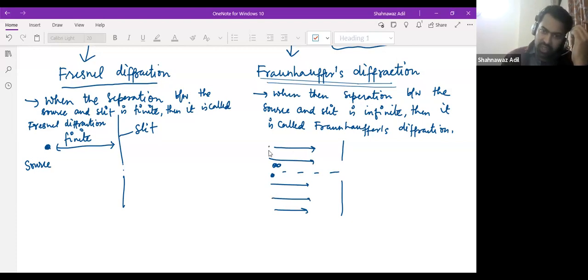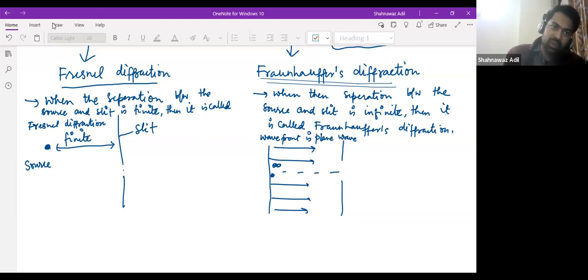So the wavefront is plane wavefront, right? When the source is at a very large distance, then the wavefront is plane. So when the source is at infinity, then the wavefront is parallel, plane wavefront.